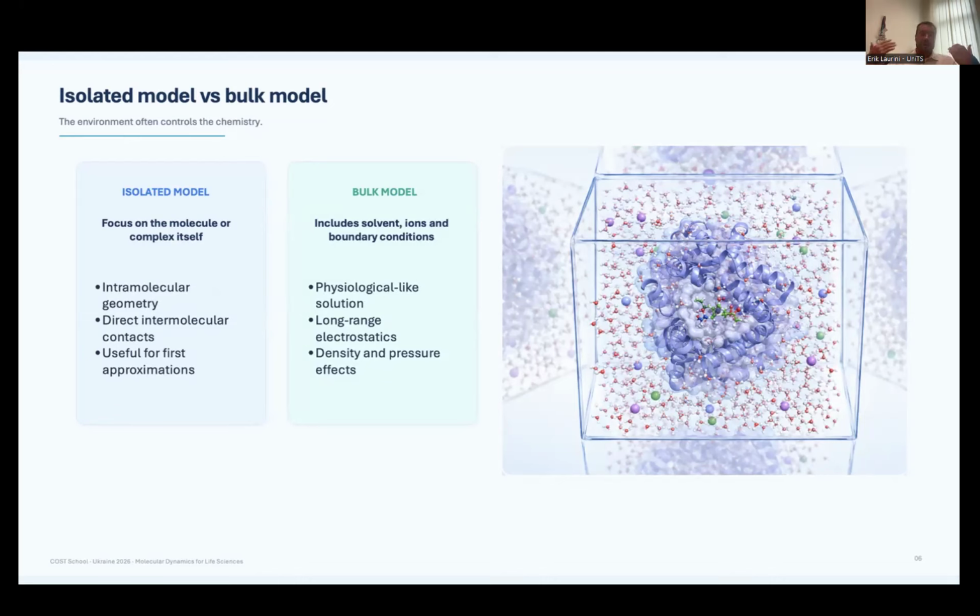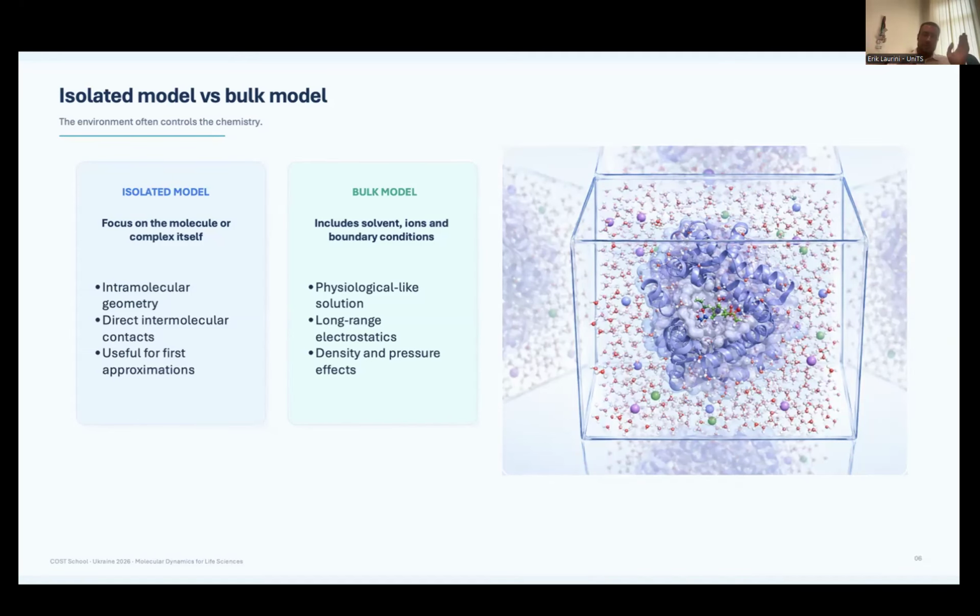We can work in an isolated model, in which we focus the attention on the molecular complex itself, but especially in nanobiological systems, what we want to study is the molecular behavior surrounded by the physiological environment, for example. And so we have to create a bulk model, including solvent, ions, and other boundary conditions.